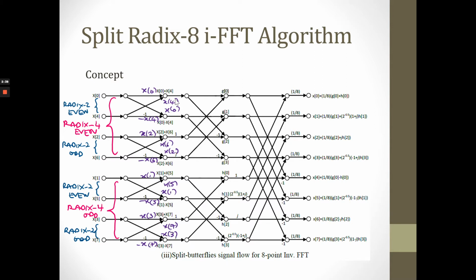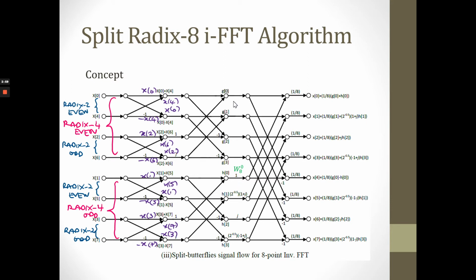So the next one, this equation is actually equal to G0. And we note that this one is actually W negative n for N-point, N equal to 8.